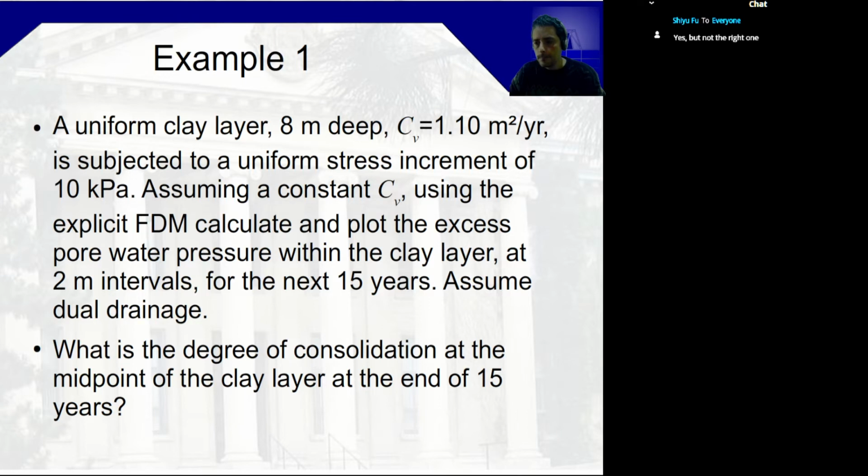You wrote all the formulas with the assumption that there is no dissipation of pore water pressure. Am I correct? Well, we are going to have dissipation after this. Initially we don't have dissipation of pore pressure, it's instantaneous. So when the pore water pressure dissipates, this formula does not apply? Yes, it does apply.